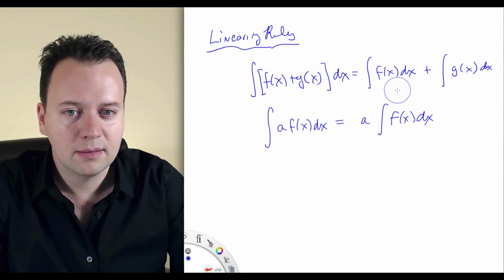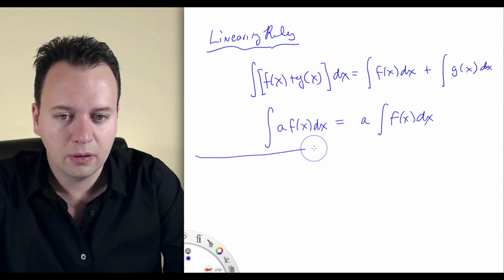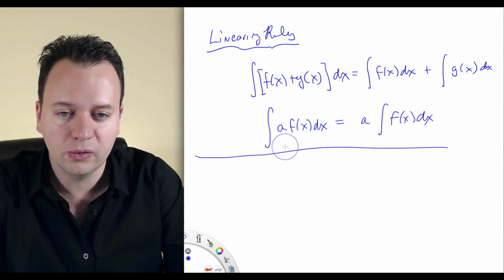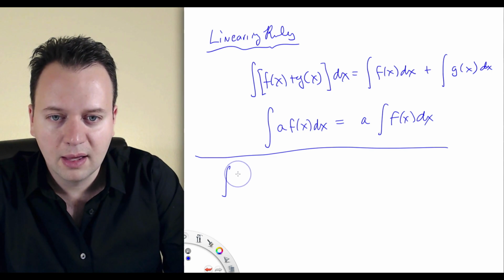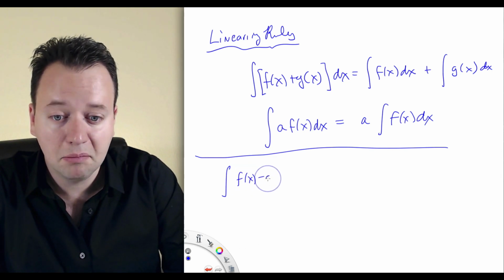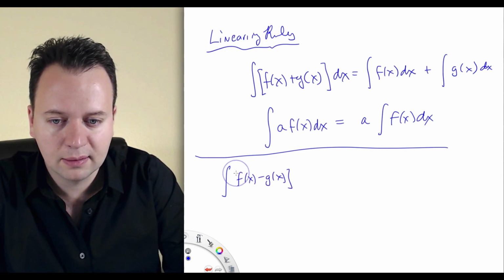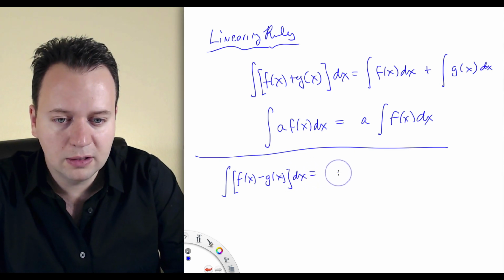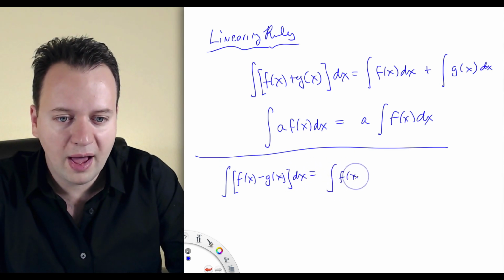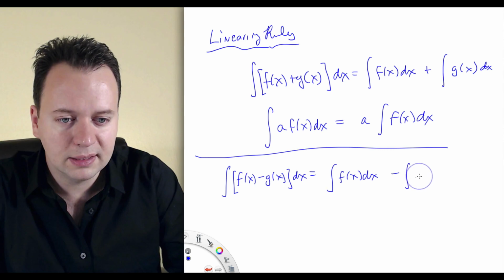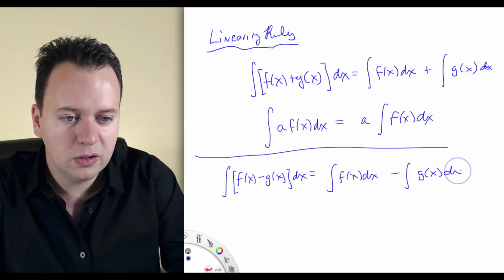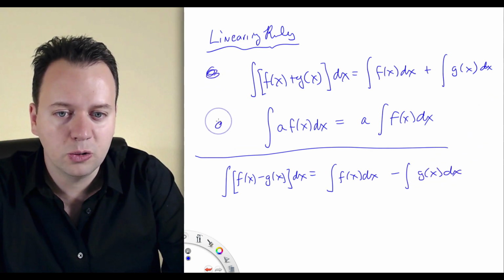One thing, which of course falls from these rules, but I'm going to point it out. The integral of f of x minus g of x is going to equal the integral of f of x minus the integral of g of x. And you can get this just by combining our two main rules.